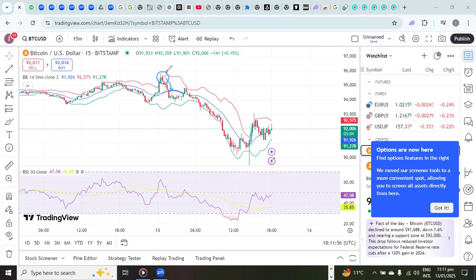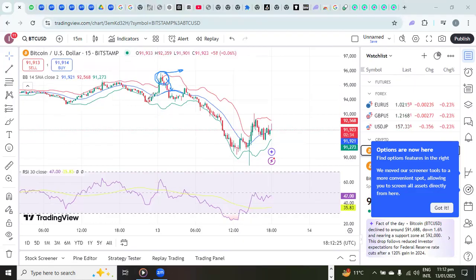So if you can see a breakup of the upper Bollinger Band, then that's a sign that you can enter the trade. And what you can do, to keep it simple, is short it. And if it's crossing the lower Bollinger Band, then what you can do is enter a long position.